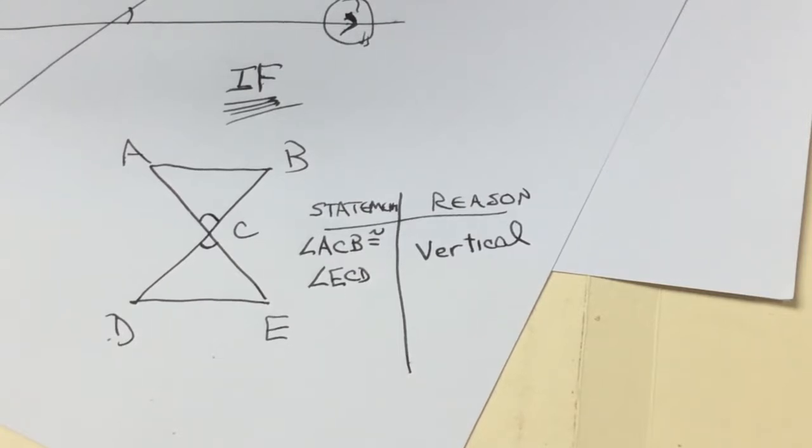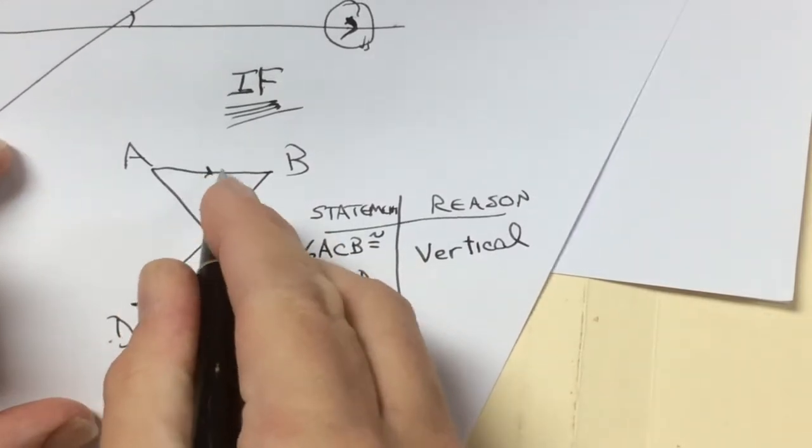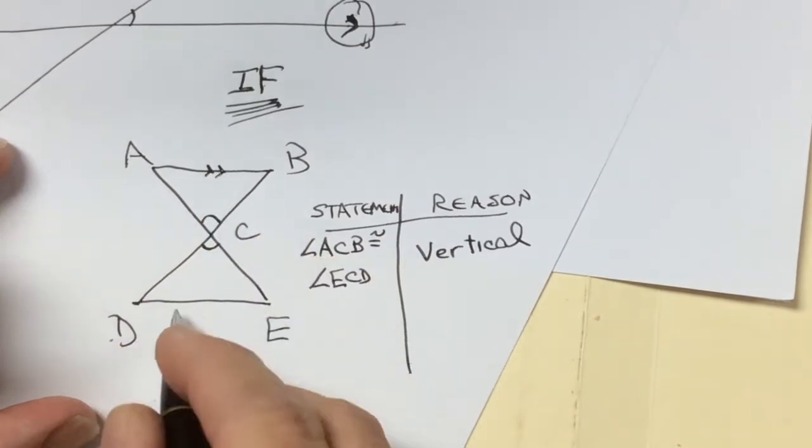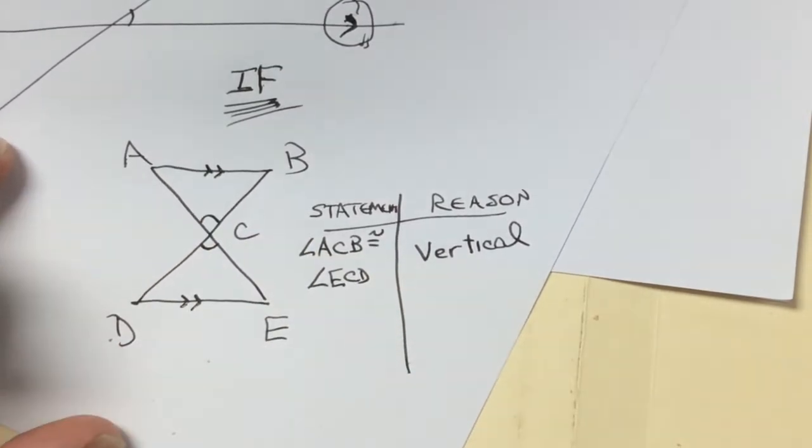Well, if there's nothing else we can say, then we have one pair of congruent angles, and that's not enough to show that the two triangles are similar, right? But what if I did this? What does that mean?